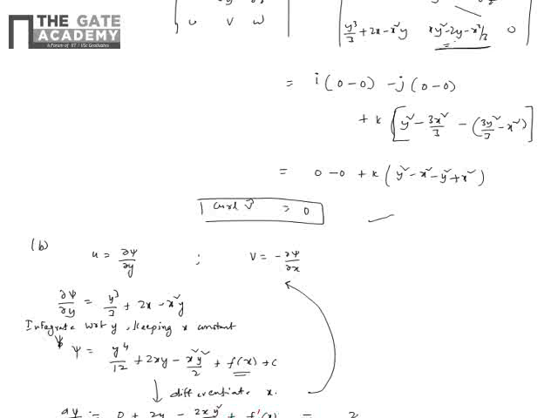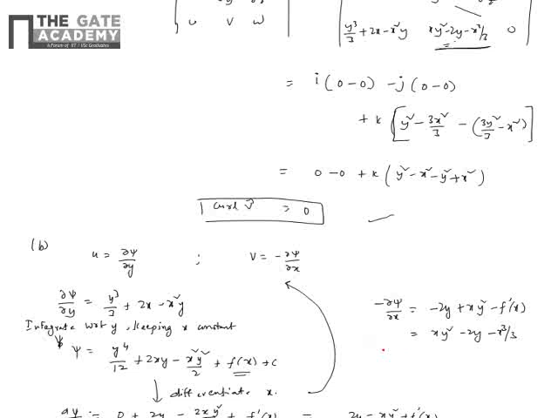So what I get is 2y minus xy square plus f dash x as dou psi by dou x. So minus dou psi by dou x, attaching the minus sign, would be minus 2y plus xy square minus f dash x. This has to be equal to v, and what is v? xy square minus 2y minus x cube by 3.